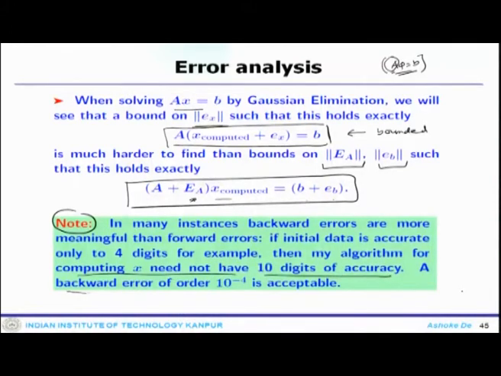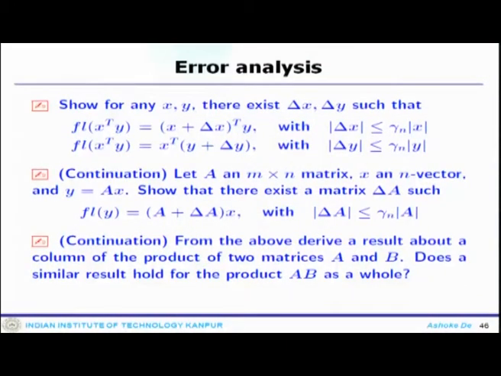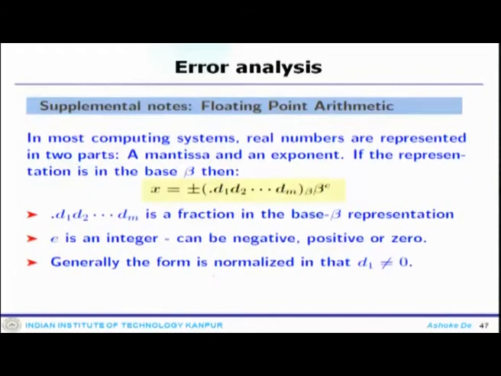A backward error of order 10 to the power minus 4 could be acceptable. So this is a very important note one needs to keep in mind. Now, these are things which one can show.